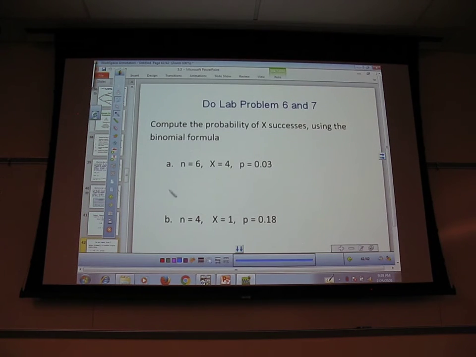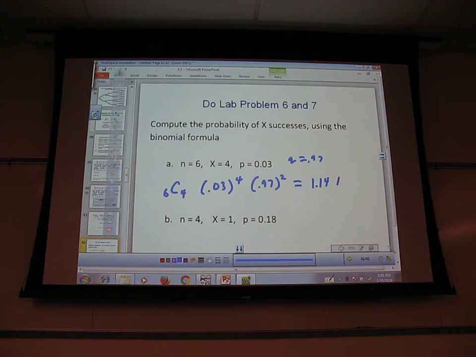So here you have 6 choose 4 times 0.03 to the fourth times q, which must be 0.97, right? Because it's 1 minus 0.03, to the second. And you guys ended up with something like 1.143.